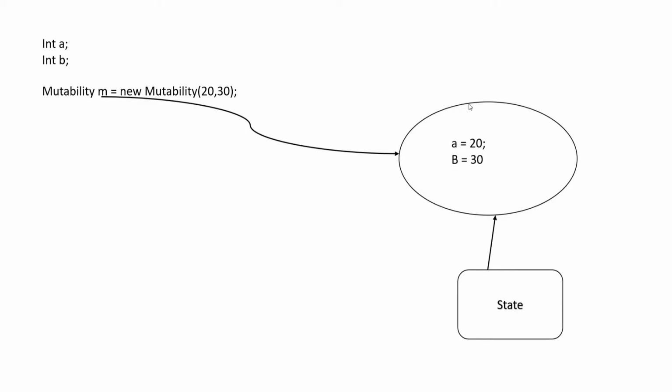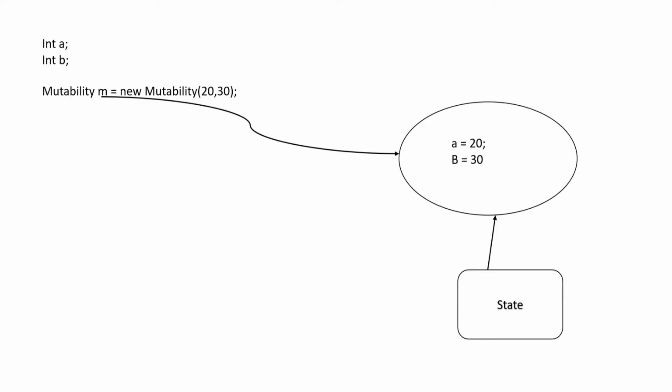At any given time, what is the state of the object? The state of the object is that it contains a is equal to 20 and b is equal to 30. So are we able to modify the variables a and b?